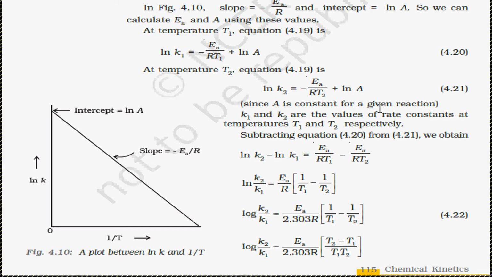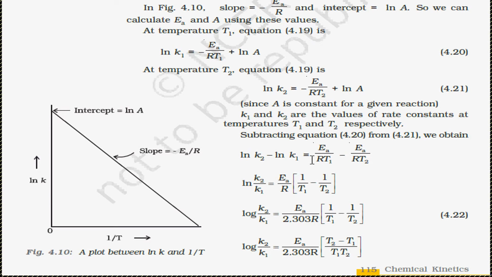Since A is constant for a given reaction, so at both the places you have A. K1 and K2 are values of rate constants at temperature T1 and T2 respectively. Now subtracting equation 4.20 from 4.21, we get ln K2 minus ln K1 is equal to Ea upon RT1, this A will be cancelled, minus Ea upon RT2.